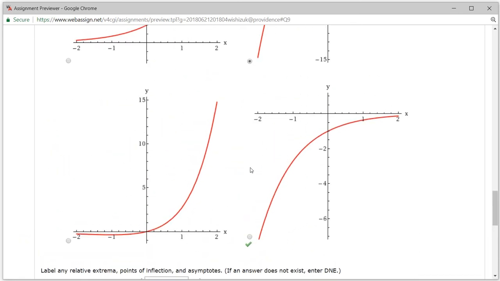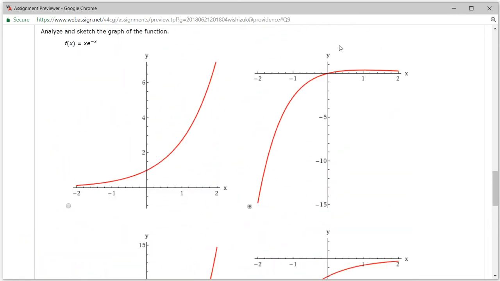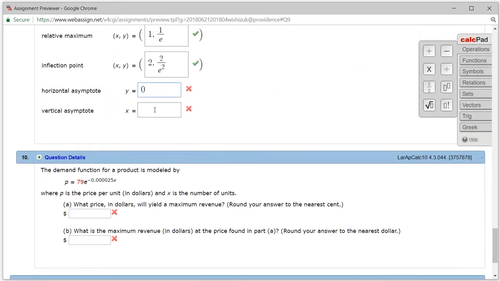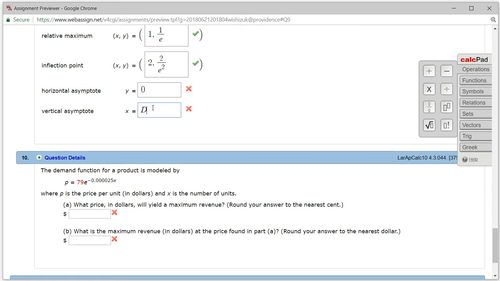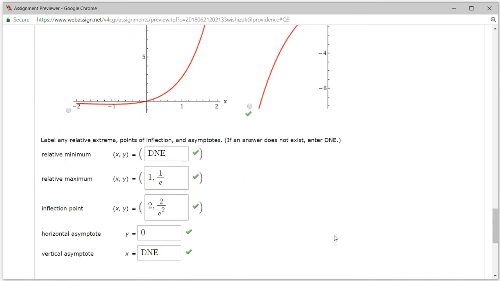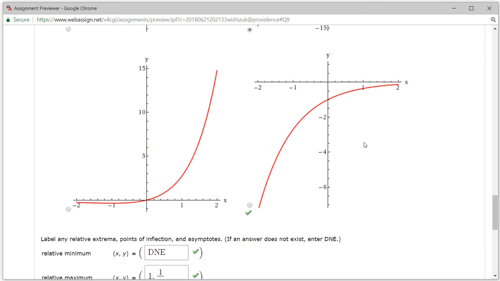And for the vertical asymptote, as you can see, there's no blowing up. This is going to eventually go to negative infinity, but it's not at a finite point. So there's no vertical asymptote. So I guess we have to say does not exist. All right, so let's check the answer. Submit for testing. It came back and looks like we got all of these correctly.